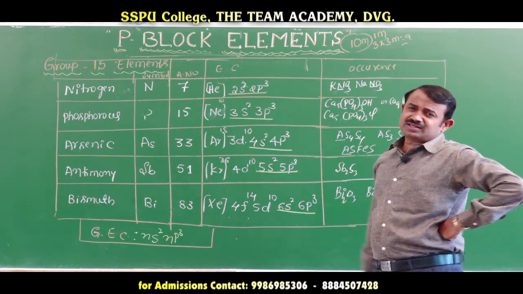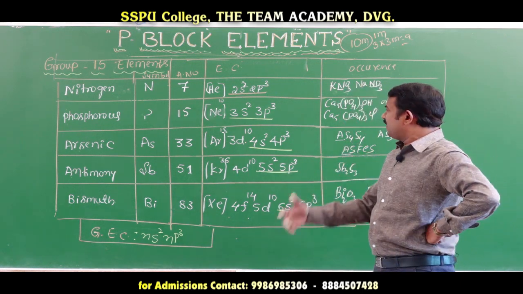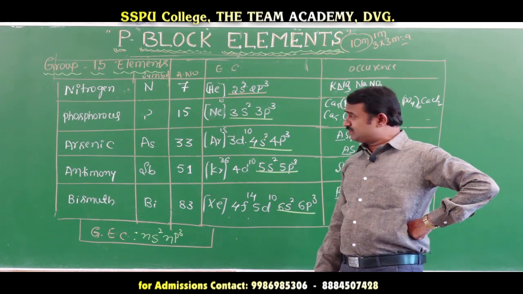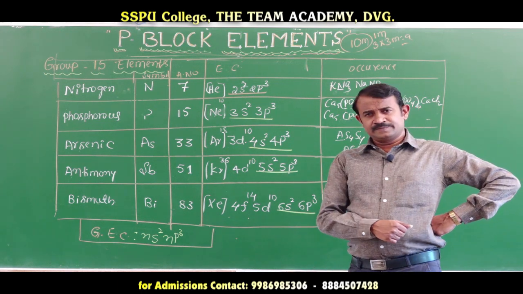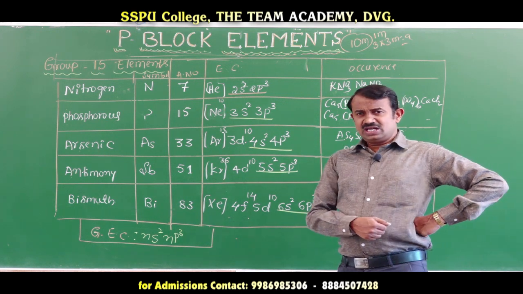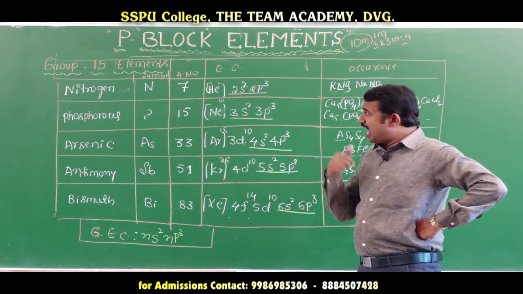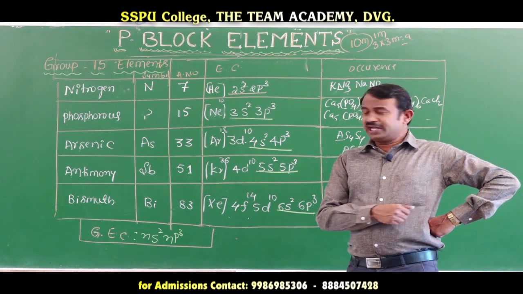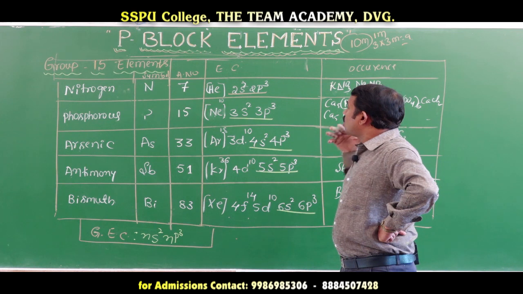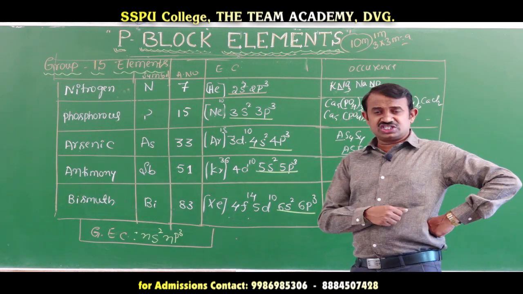Next we will go for the general properties. The general properties of group 15 elements are atomic size, ionization energy, electronegativity, metallic character, density, covalent or bonding character, and oxidation state.